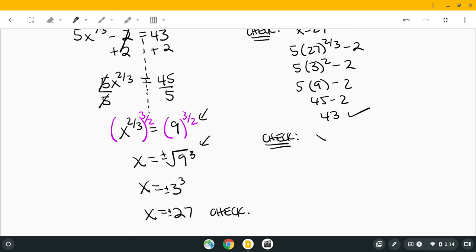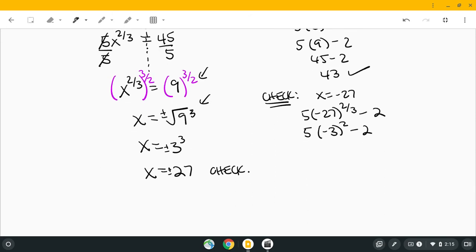Now let's go ahead and check x equals negative 27. So 5 times negative 27 to the 2/3 minus 2. Here we get 5 times the cube root of negative 27, which is negative 3. Negative 3 squared is 9. 45 minus 2 is 43. So they both work.